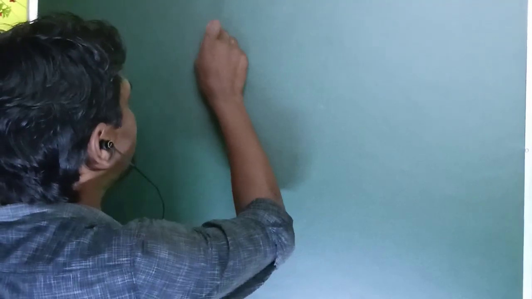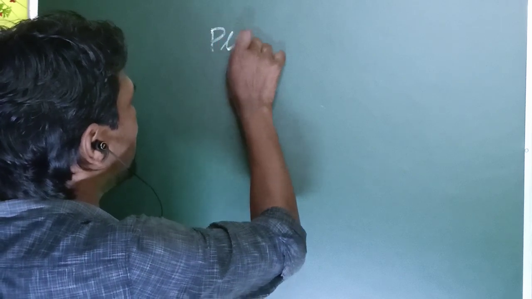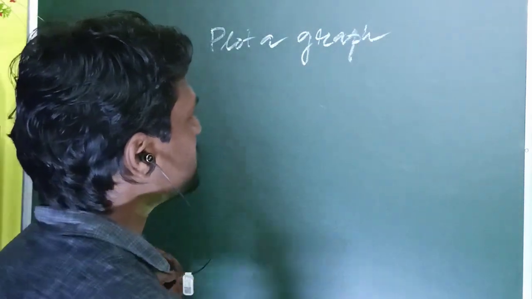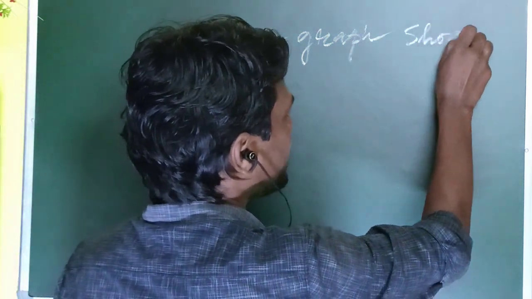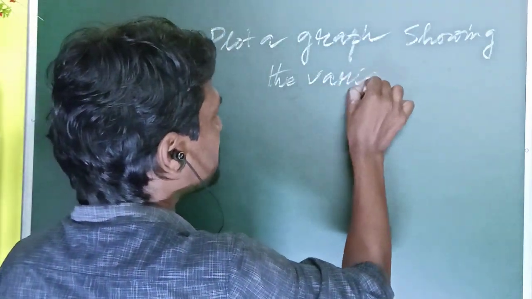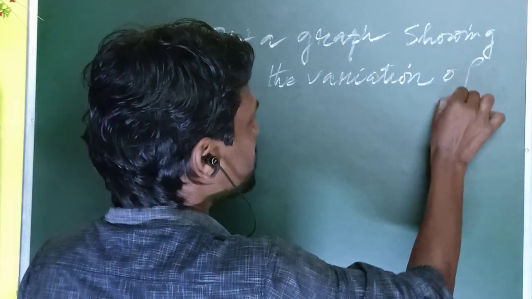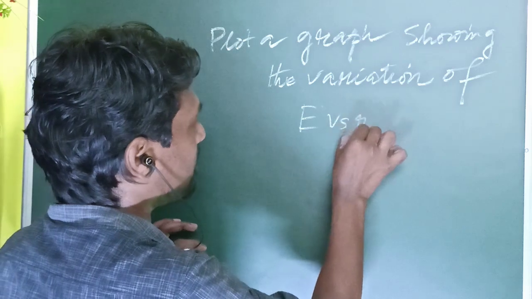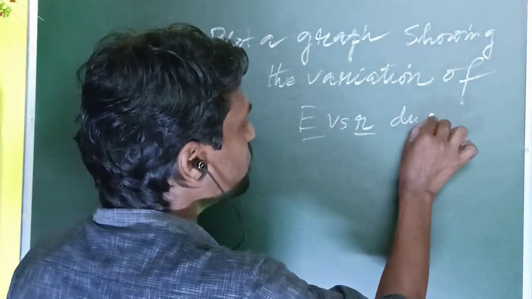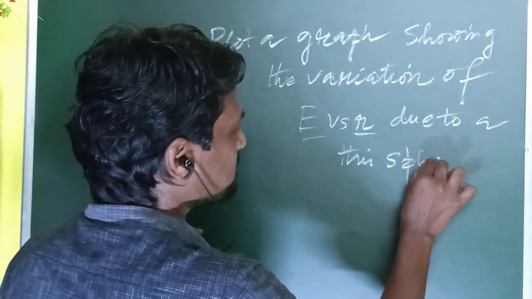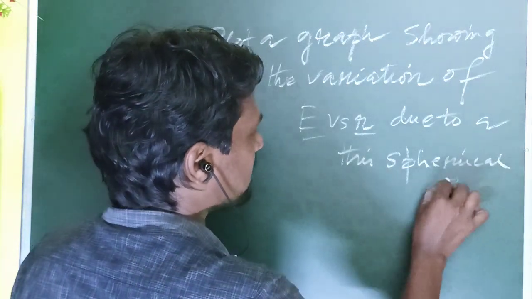Okay, so plot a graph. The next one is: plot a graph showing the variation of electric field versus small r due to a thin spherical cell.